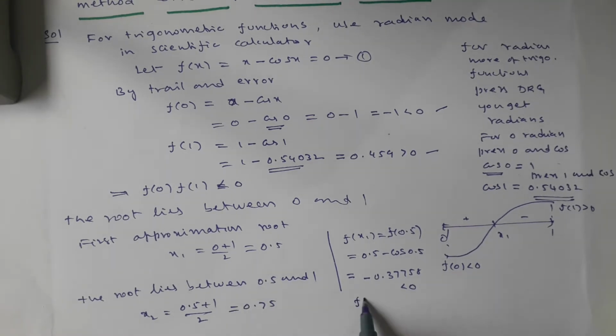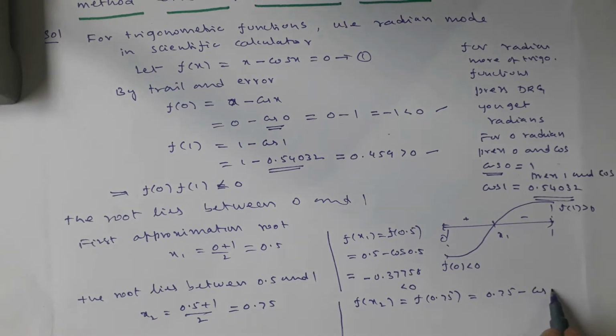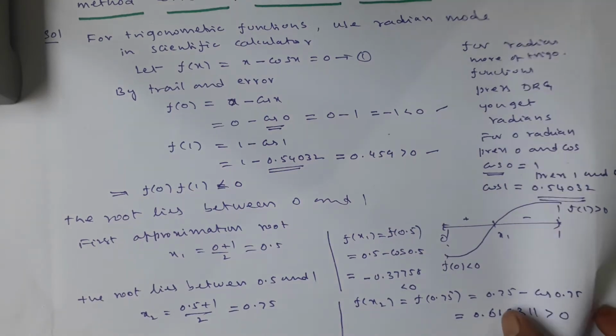Then f of x2 is equal to f of 0.75 is equal to 0.75 minus cos 0.75 is equal to 0.03618, which is greater than 0, as it is positive.